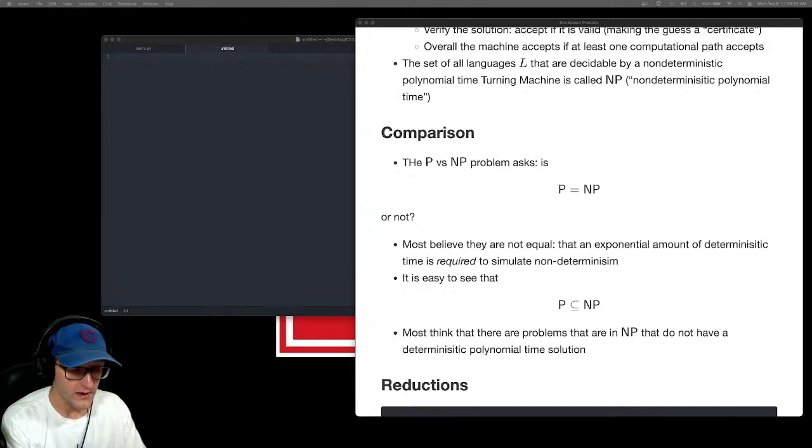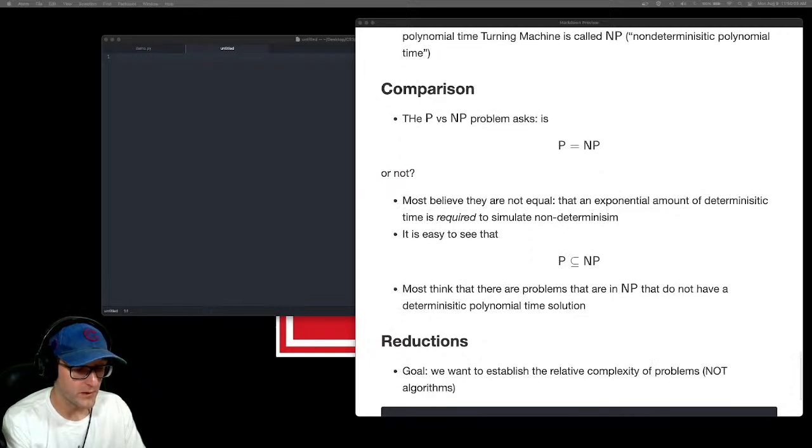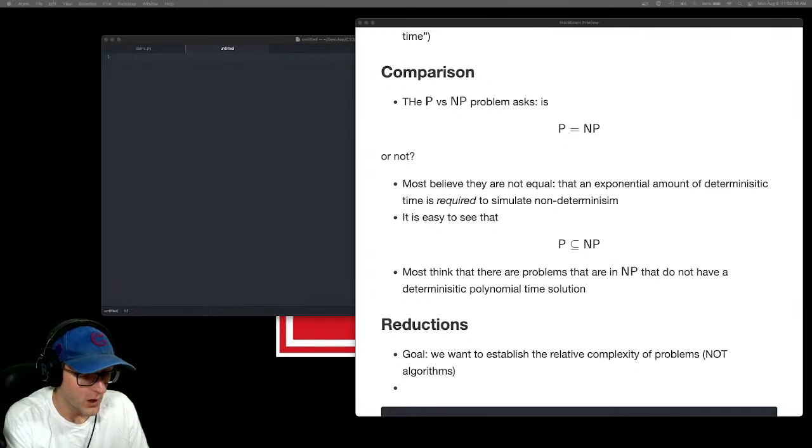So again, what is our goal? Our goal is that we want to establish the relative complexity of problems, not algorithms. The inherent difficulty of problems, not the behavior of actual algorithms. Because nobody knows a polynomial time algorithm for the 0-1 knapsack problem or the SAT problem, right?